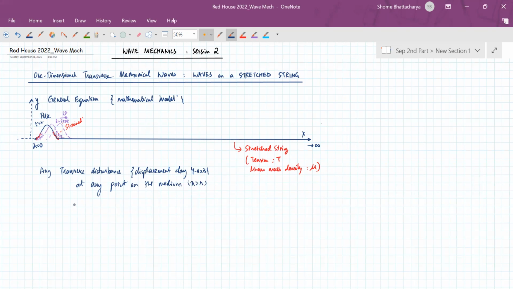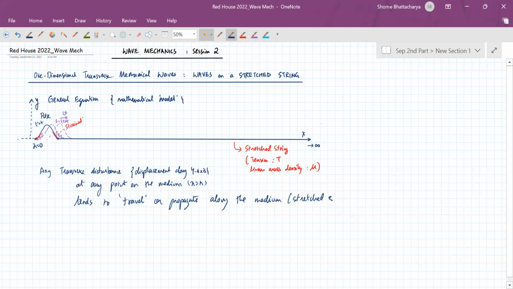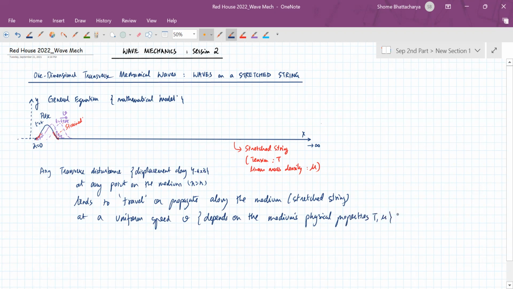Okay. So any transverse disturbance tends to travel or propagate along the medium, which in this case is the stretched string, at a uniform speed v, and this speed depends on the medium's physical properties, which later we'll see in more detail: the tension and linear mass density.